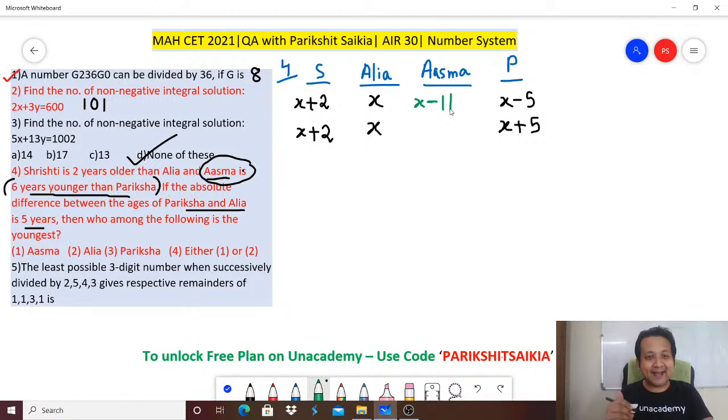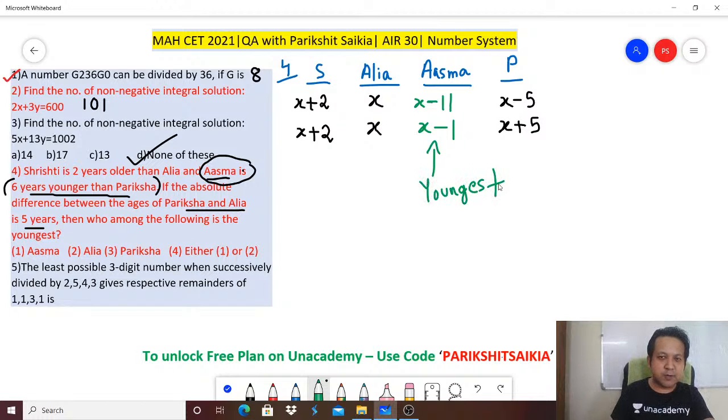Scenario 2, X plus 5 minus 6 becomes X minus 1. Perfect. They are asking you who is the youngest. So among all these numbers, what is the smallest number? This is the smallest number and hence the youngest. So in both scenarios, Asma is the youngest. Answer is option 1. Did you all get it?